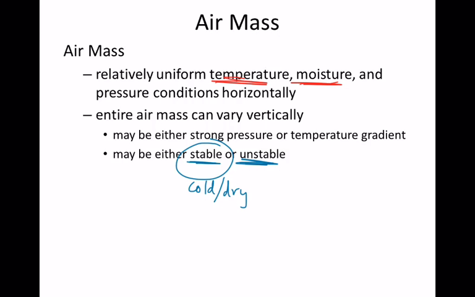And of course, the opposite of that would be unstable. So an air mass that may generally be unstable is one that's warm and wet or moist, whatever word you want to use. Warm and wet works, 2 W's, warm and wet, unstable.